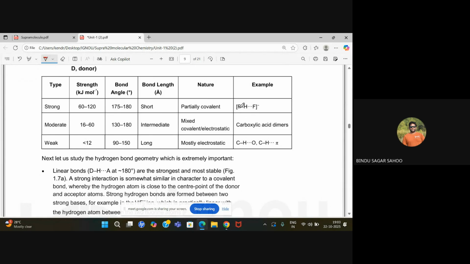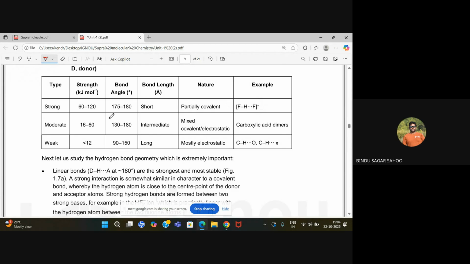This fluorine will be the donor, this fluorine will be the acceptor. So this positive hydrogen will make an interaction with the fluorine. Why is this strength more? Because the electronegativity of the interacting atoms is very high. You know the electronegativity of fluorine atom is 4.0.